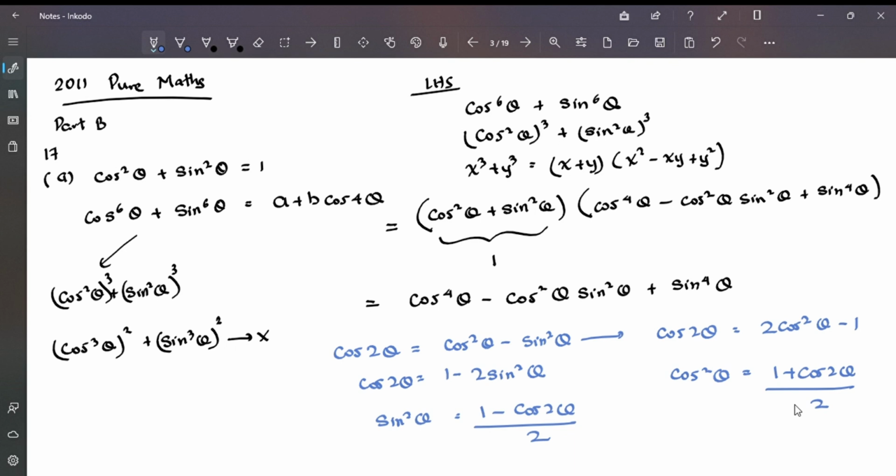These are two such equations. At the same time, sin square 2 theta is equal to 1 minus cos 4 theta over 2. Also, cos square 2 theta is going to be 1 plus cos 4 theta over 2. Instead of theta, we are multiplying that by 2. These things you will need in the future.